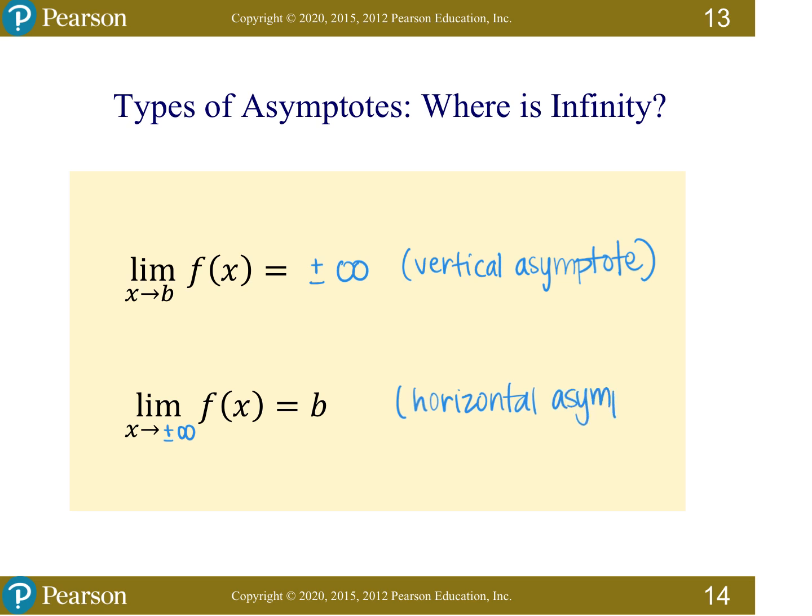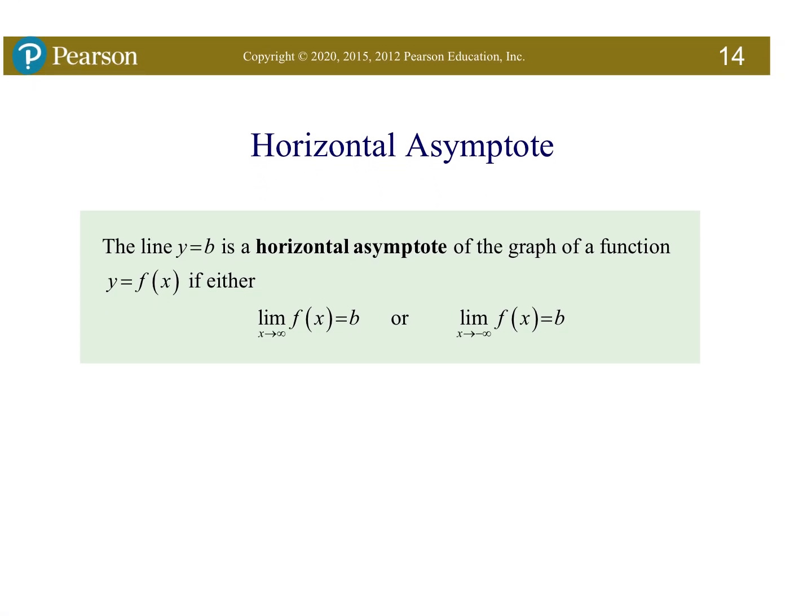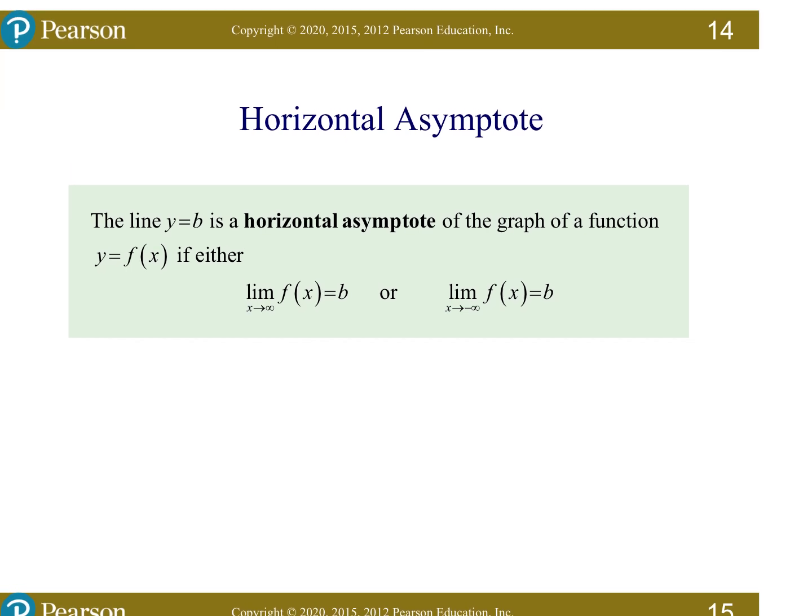So infinity is the key. Where does infinity show up in the limit? It leads to what kind of asymptote you're talking about. Okay, so this is the definition of a horizontal asymptote. A horizontal asymptote will occur if you investigate the limit approaching positive infinity and that yields a constant.